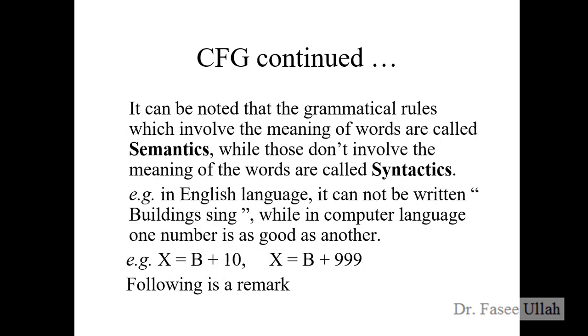It can also be noted that the grammatical rules which involve the meaning of words are called semantics. So with semantics, we again need the context or meaning of that word, based on some grammatical rule or certain condition. And we have another word that is called syntax. What is syntax? It does not involve the meaning of such words.